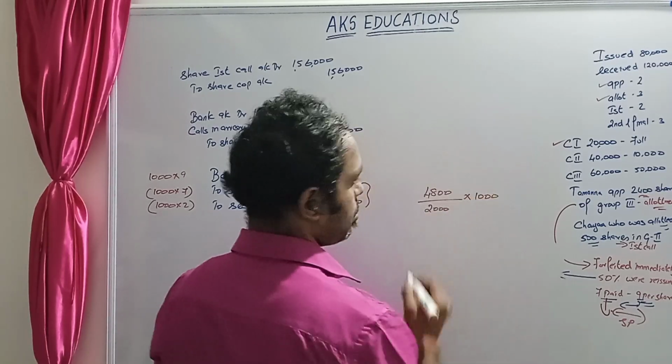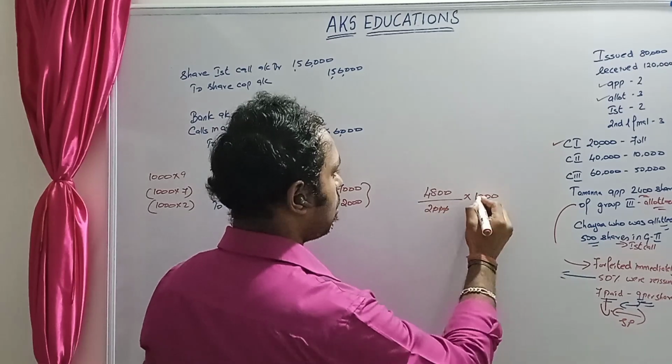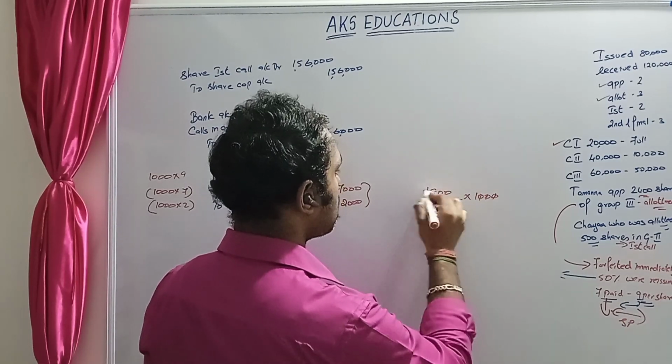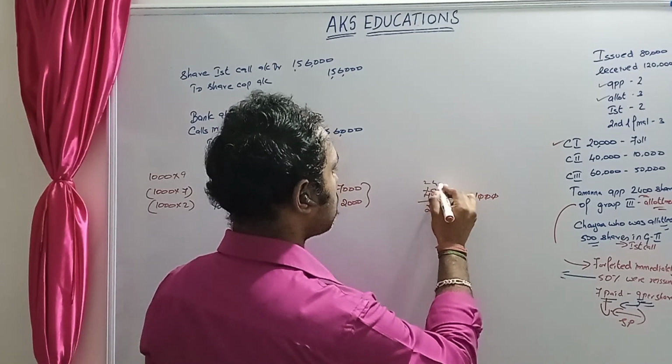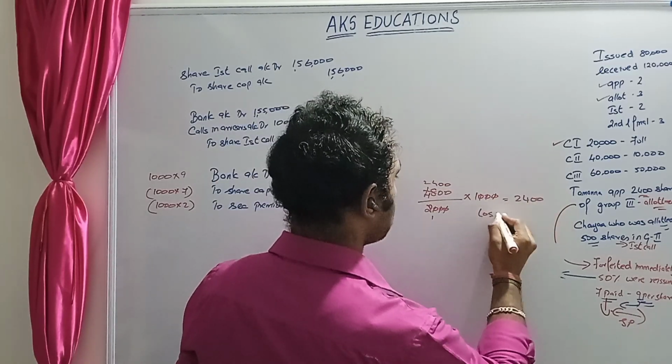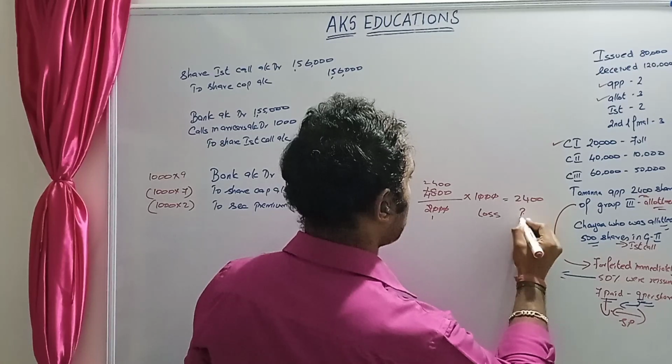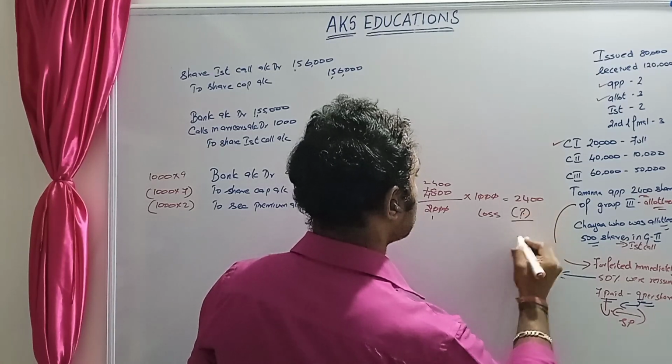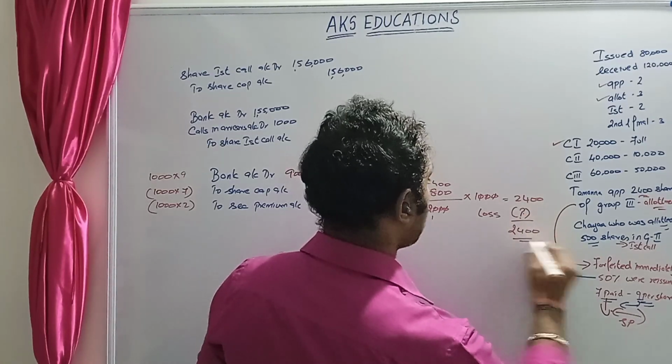So 2 ones are 2, 2 twos are 4, so 2400. The loss is a question mark, but obviously there is no loss. So 2400 will be transferred below.